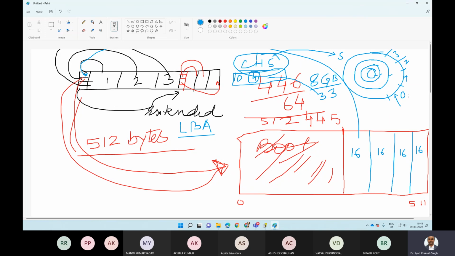So starting from sector 0 on the bottom side of the lower disk, then sectors 1, 2, 3 on the lower side, then we get on top of that the upper part, and we count from where we ended last. If there are a total of, say, 100 sectors in the bottom one, then 100 will be on the top one also. Next, if we go to the third platter, we will start from 201, then 300, and so on. So we'll have a single addressing for all the sectors.